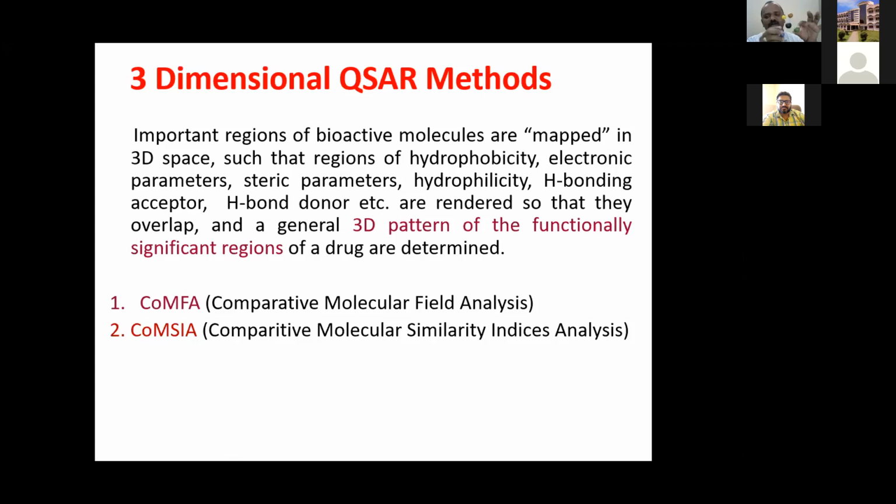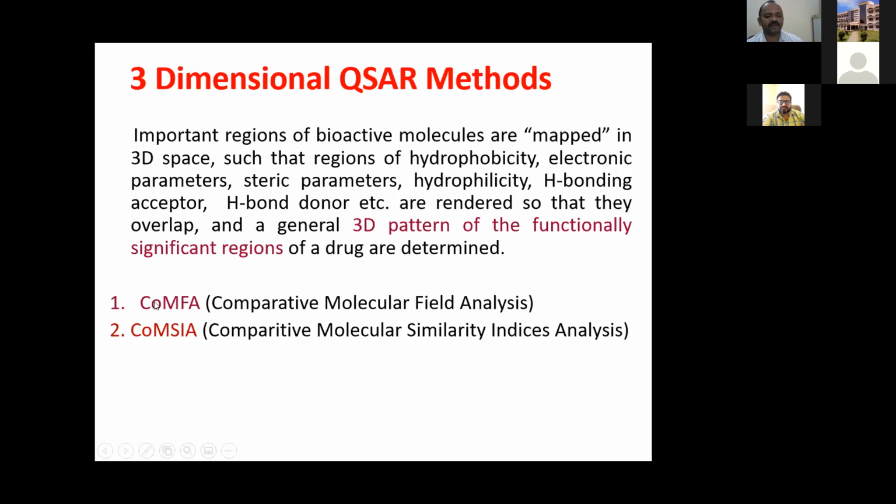It is mapped in the three-dimensional space, and we can add fields surrounding it. For example, we can add hydrophobicity with one color, electrostatic parameters, steric parameters, hydrogen bond donors, hydrogen bond acceptors. We can apply different fields and render them to overlap, and then we can determine the 3D pattern of the functionally significant regions of the drug.